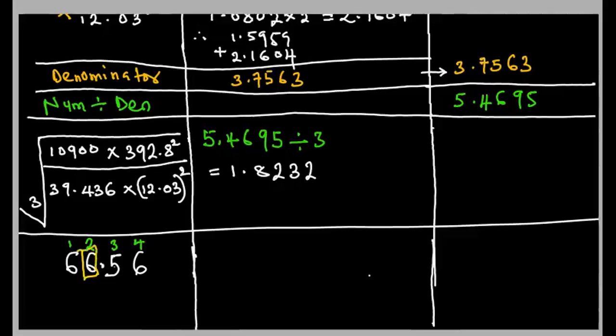What is next to this 6 is 5, so if I take 1 from here and add here, it becomes 67. So our final answer becomes approximately 67 to 2 significant figures. I believe you should know how to approximate at this stage. So this is our antilog value, 67 to 2 significant figures.